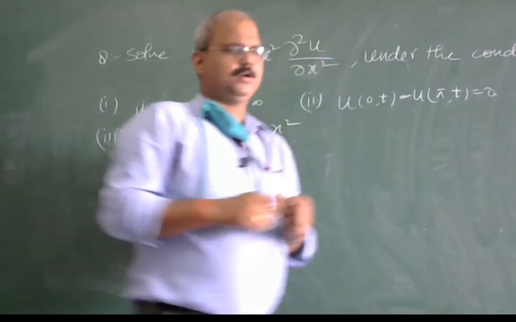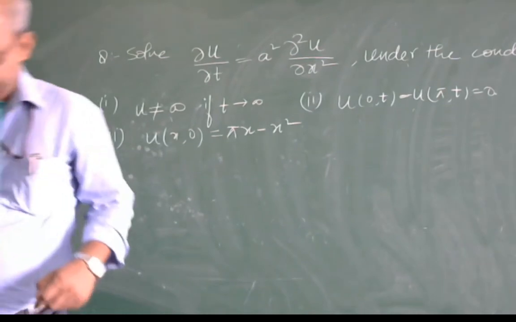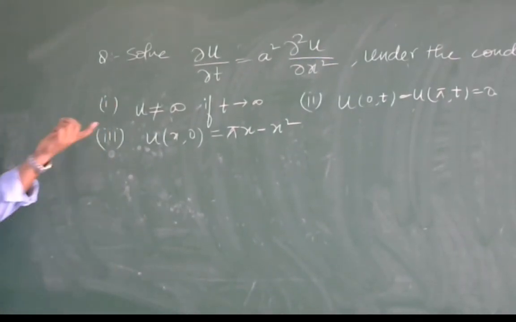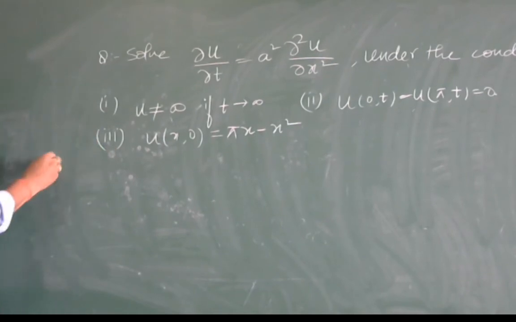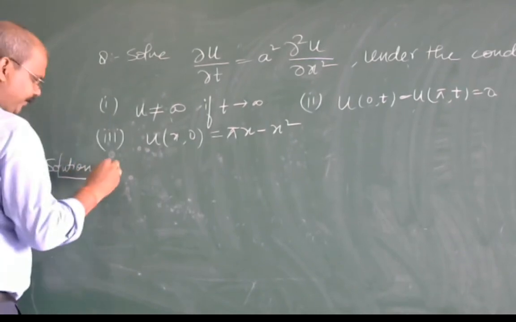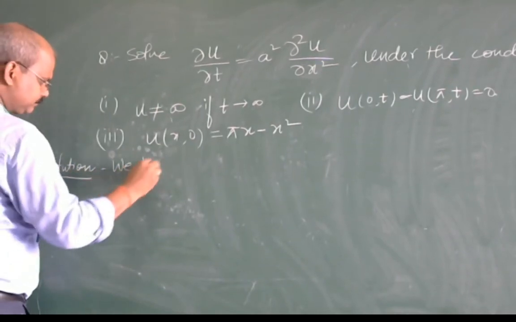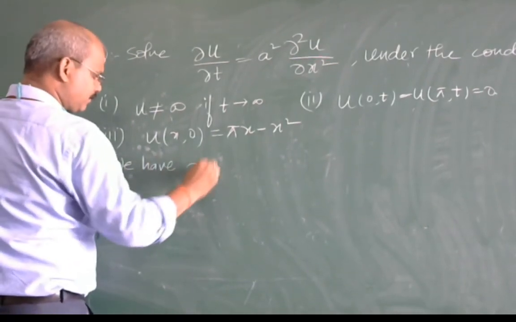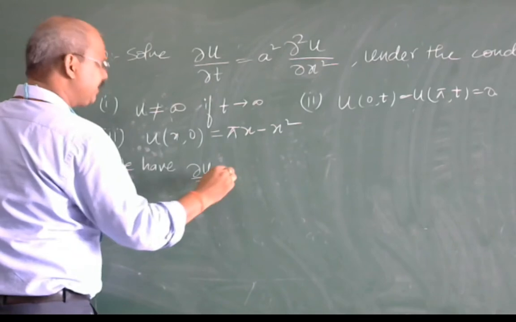So, students, you can solve this problem. It is a very good example. The solution is like this. Here we have del u by del t equal to a square del 2 u by del x square.